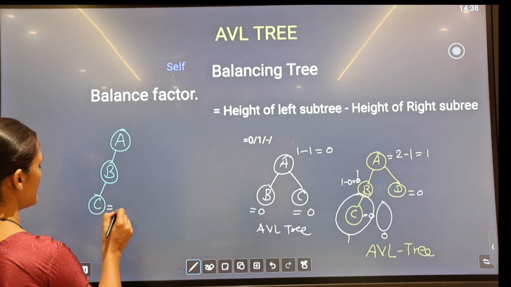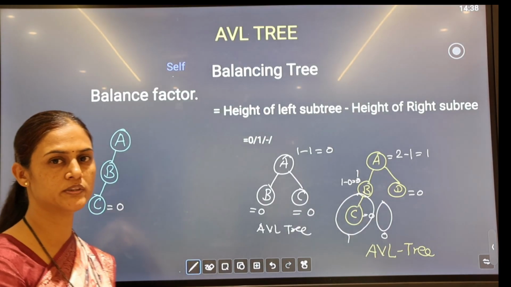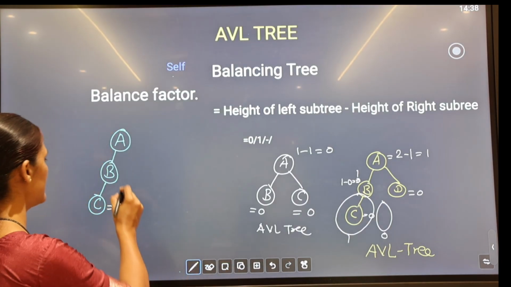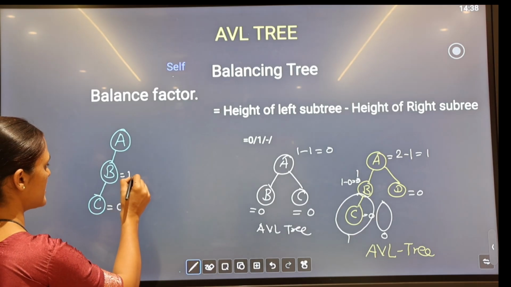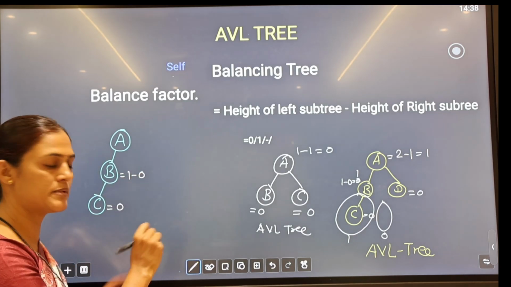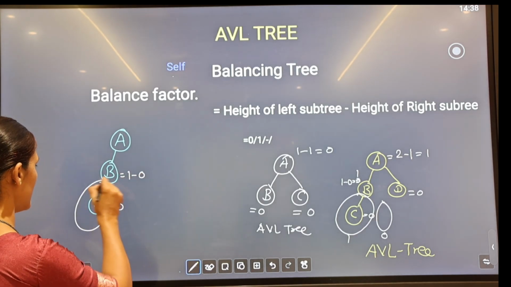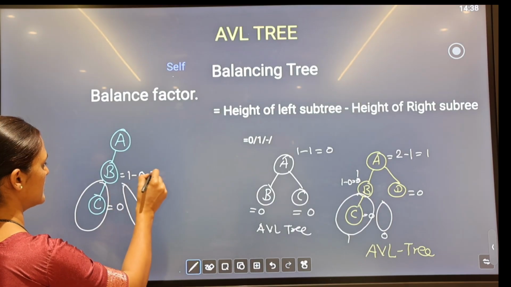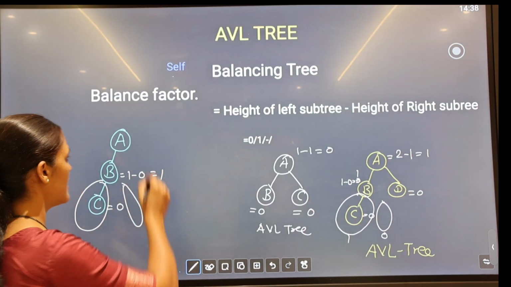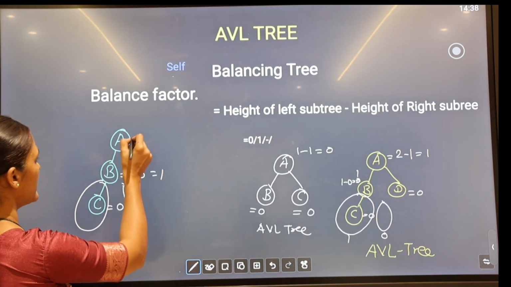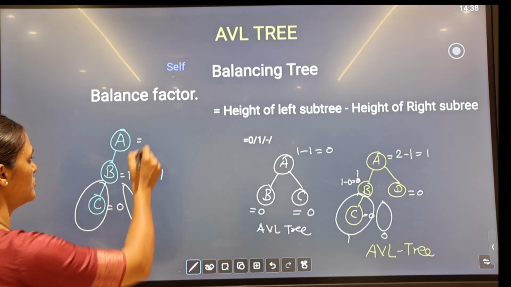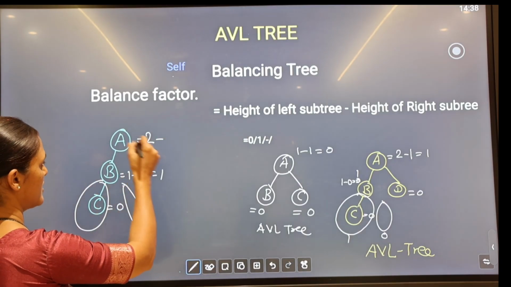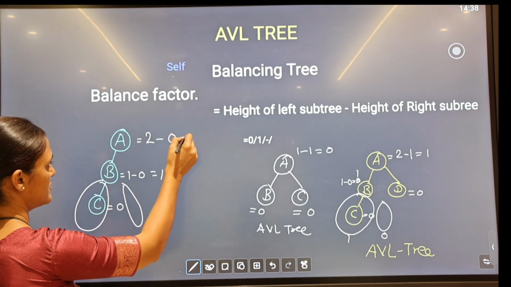The balance factor of C is equal to 0 because it has no left and right child. Balance factor of B is equal to height of left subtree 1 minus height of right subtree, see here 1 and 0, that is equal to 1. Now balance factor of A is equal to height of left subtree level 1, level 2, that is 2, right subtree 0.